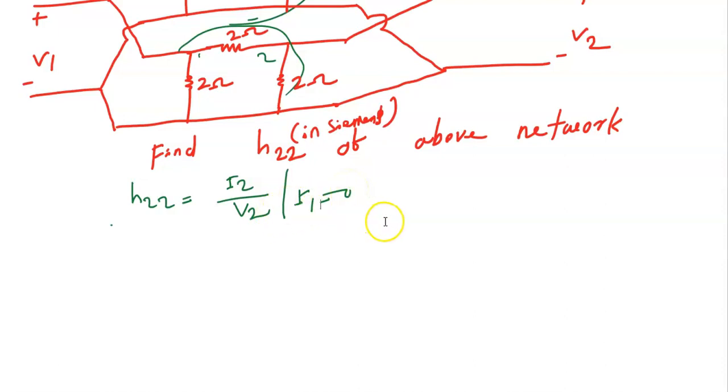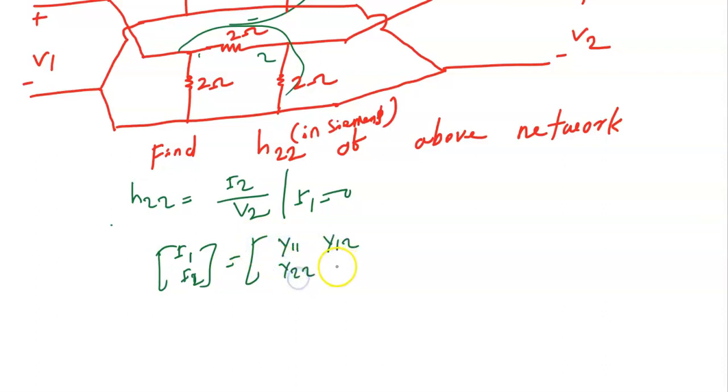Now come to how the H parameters are related to the Y parameters. Write the Y parameters: I1, I2 equal to Y11, Y12, Y21, Y22 and V1, V2, right?